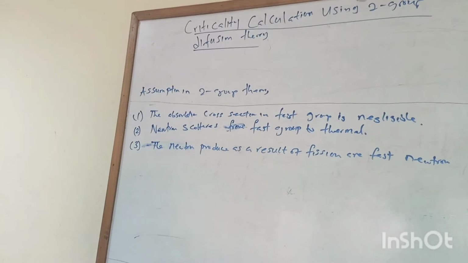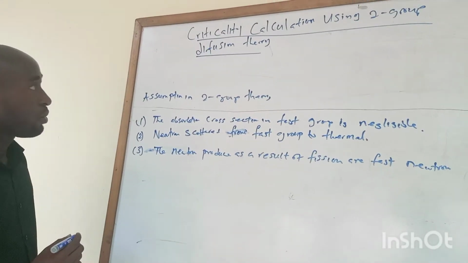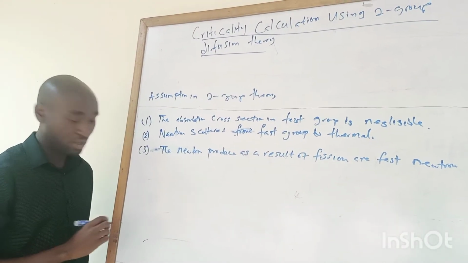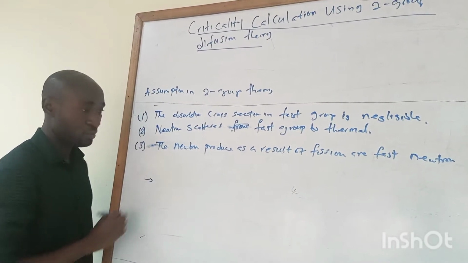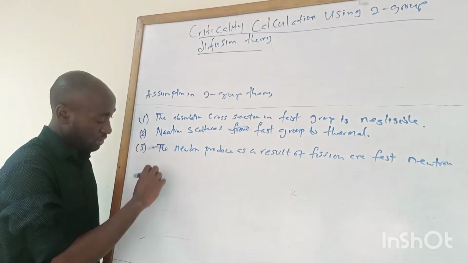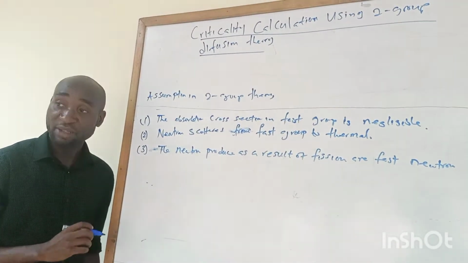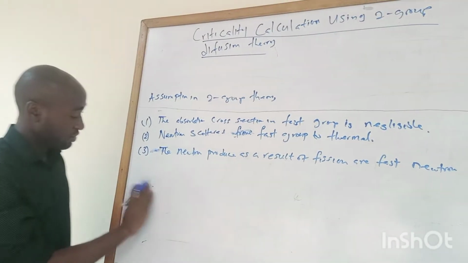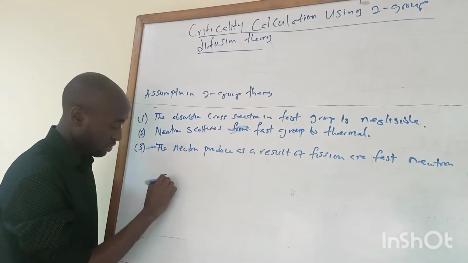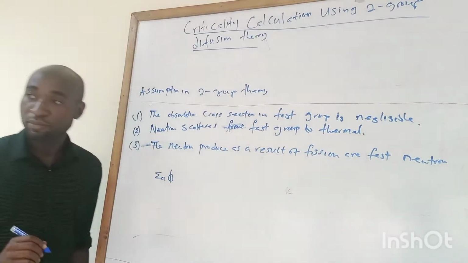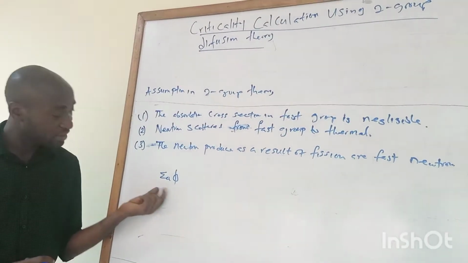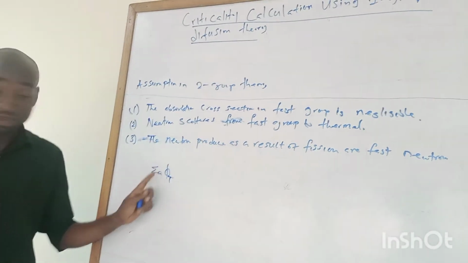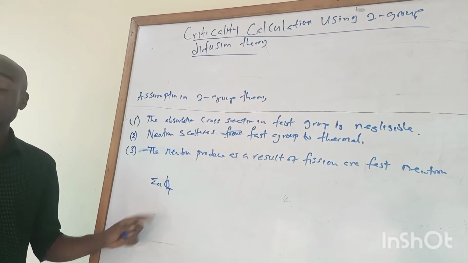Now, let's take an example. We have a thermal neutron, and this thermal neutron is being thermalized, and when it's thermalized, it is absorbed. If it is absorbed by the fuel, definitely we know that it's going to produce fission.